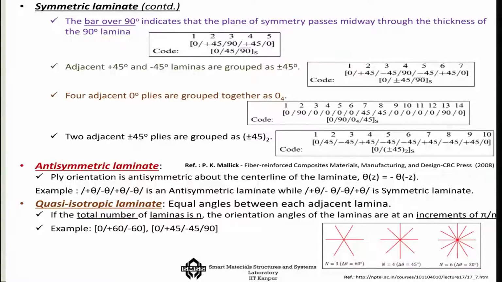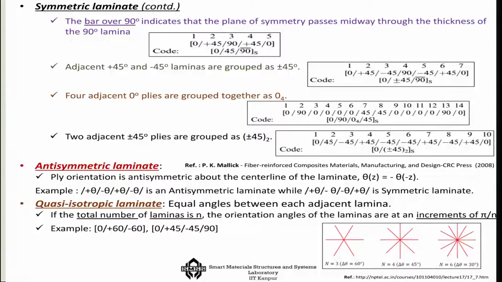And for adjacent plus 45 minus 45, you can also put it as plus minus 45. For adjacent 0 degree plies, whatever number are adjacent, you can put them as 0 subscript 4, and two adjacent plus minus 45s are grouped as plus minus 45 subscript 2. So you can actually use these code names in order to make a symmetric laminate.